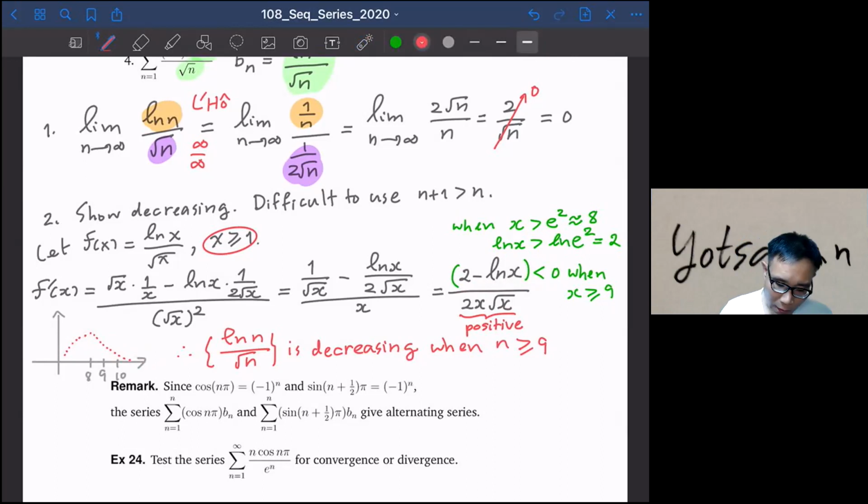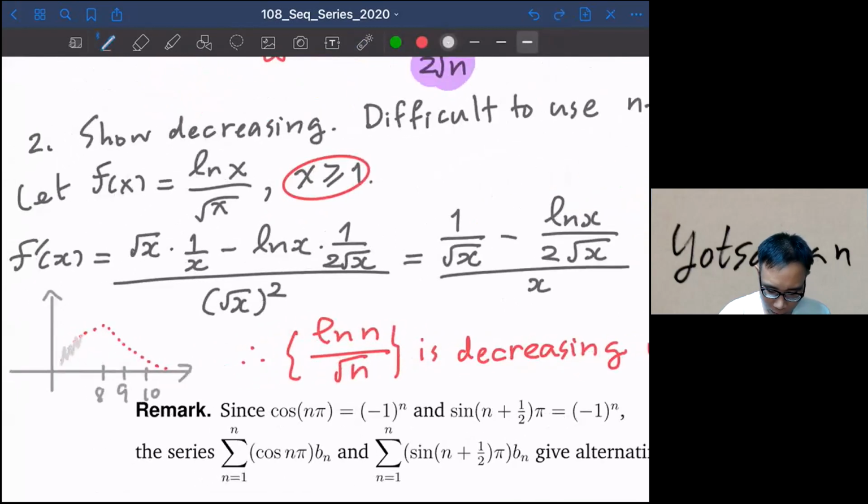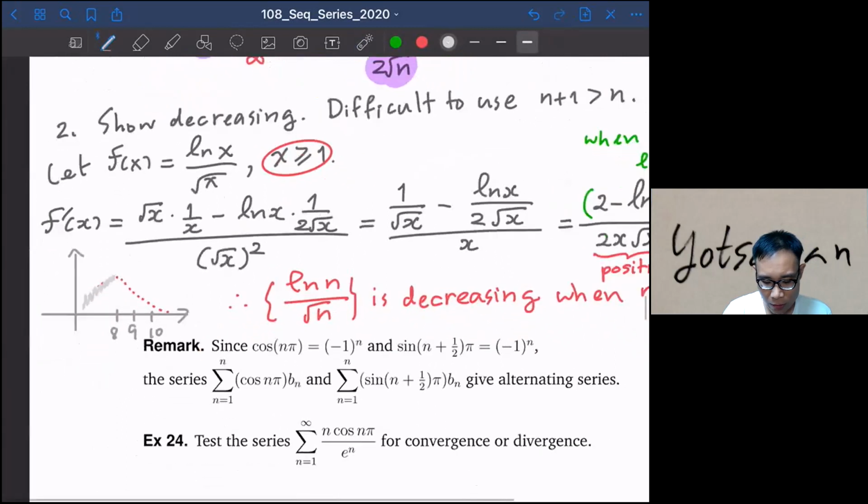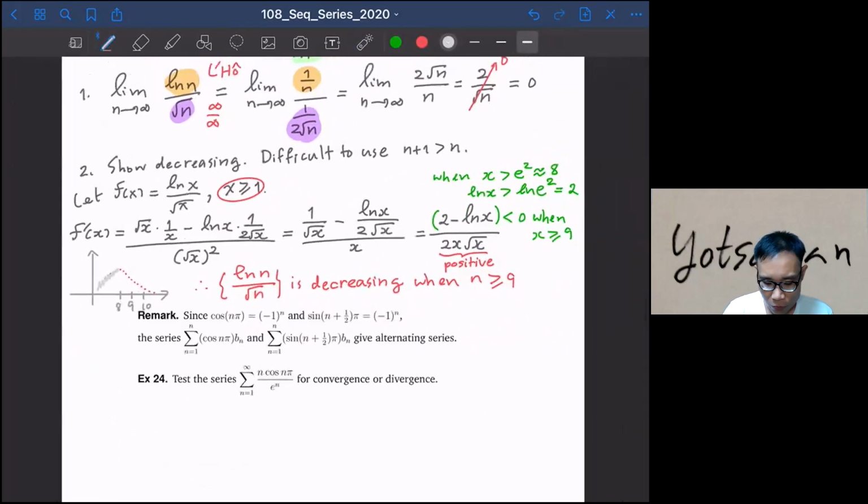We don't care about the first 8 terms. The thing that we care about is from the 9th term forward.